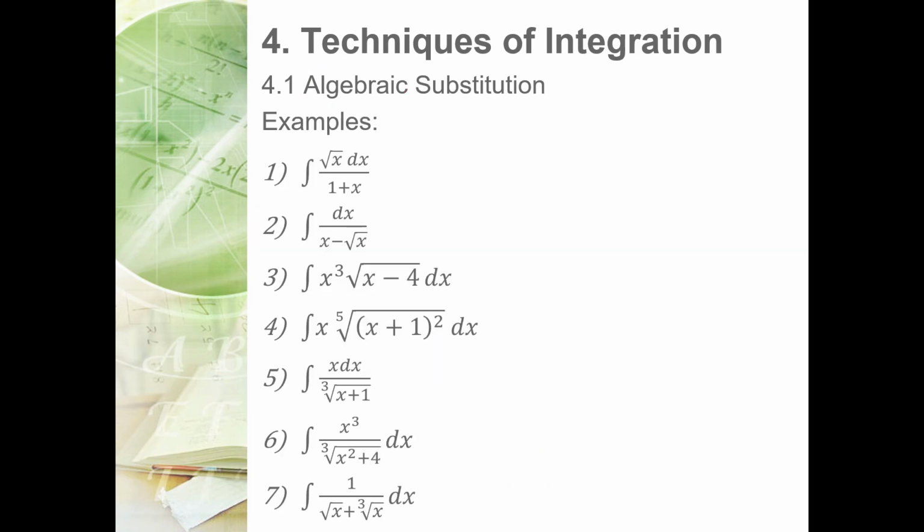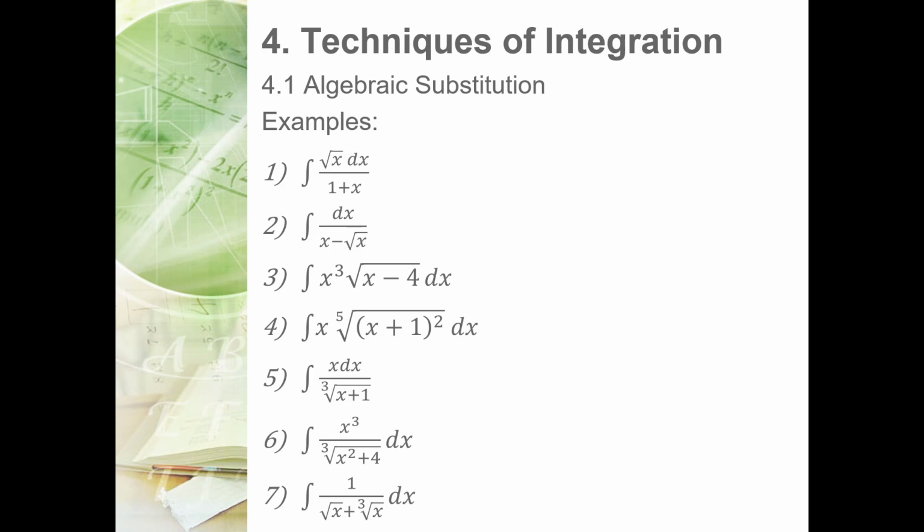Okay, so we have 7 examples. Let's try to discuss the 7 examples as we move along. Notice that most of the examples have radical expressions and all terms are expressed in algebraic functions, right? So x, then 1 plus x.